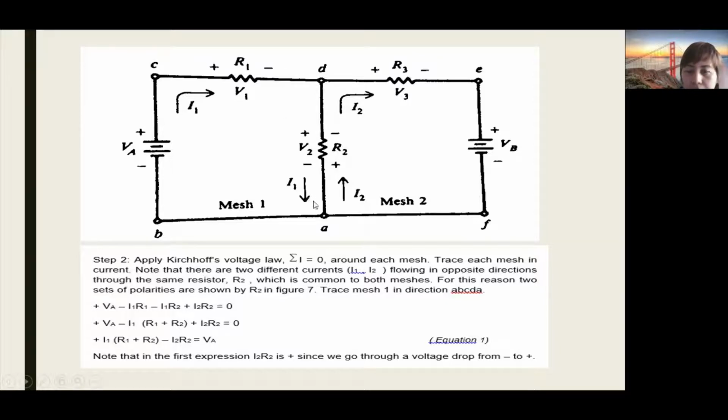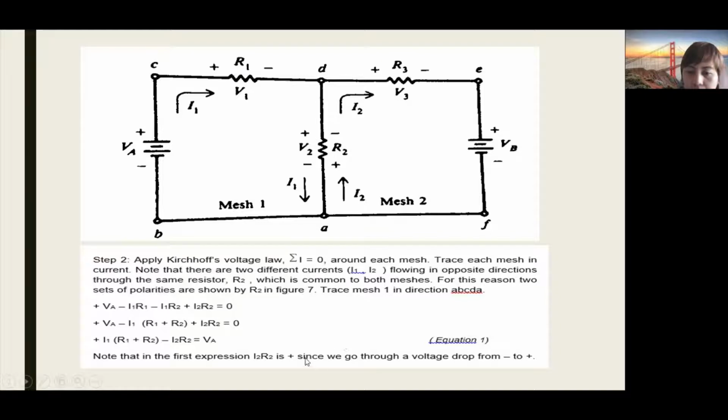But here in I2, in this mesh, we're talking of this mesh. I2 and R2 is going through a voltage drop from negative to positive.